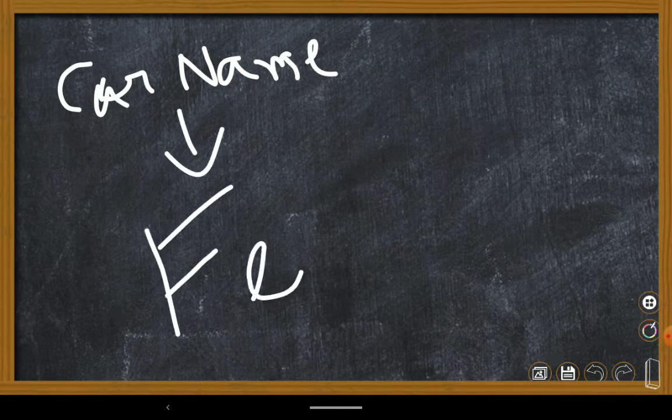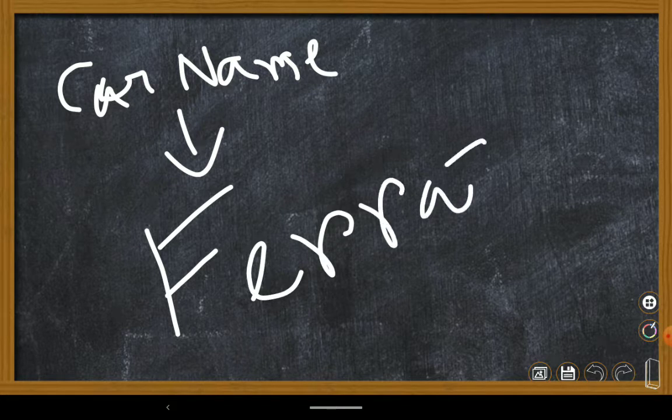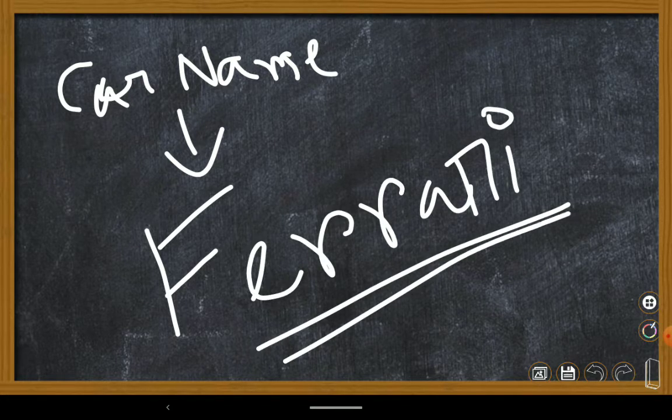The first object that I'm going to take is a famous car that we all know, the Ferrari. In my own opinion, this car is the fastest car that I've ever seen.